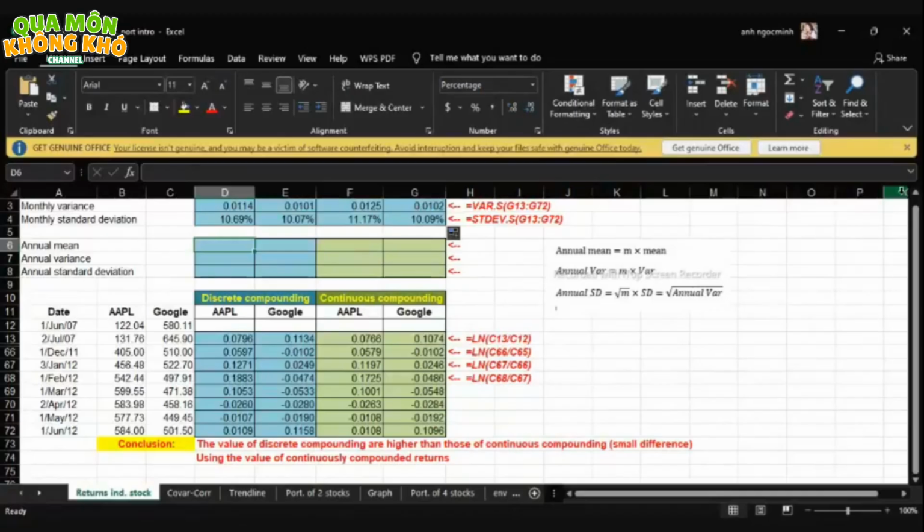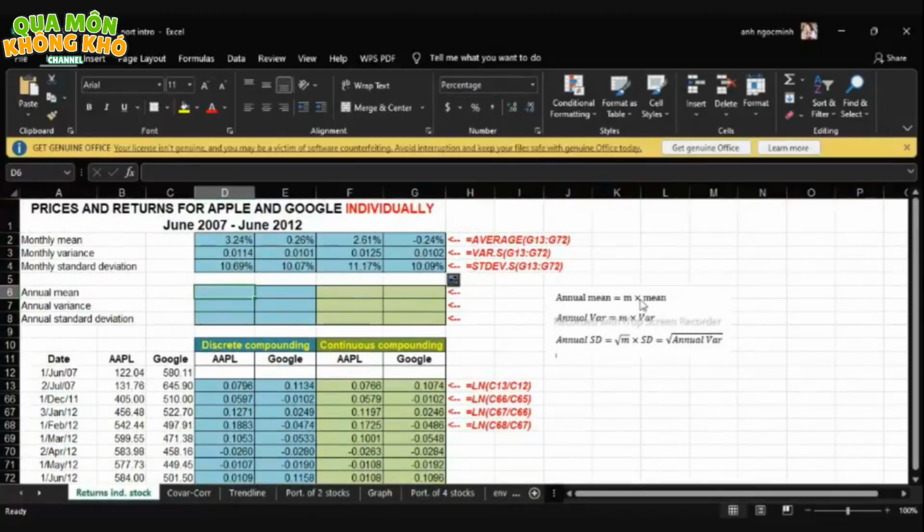And here I insert a picture to express the rule to annualize these inputs. Because this is monthly, M here is equal to 12.